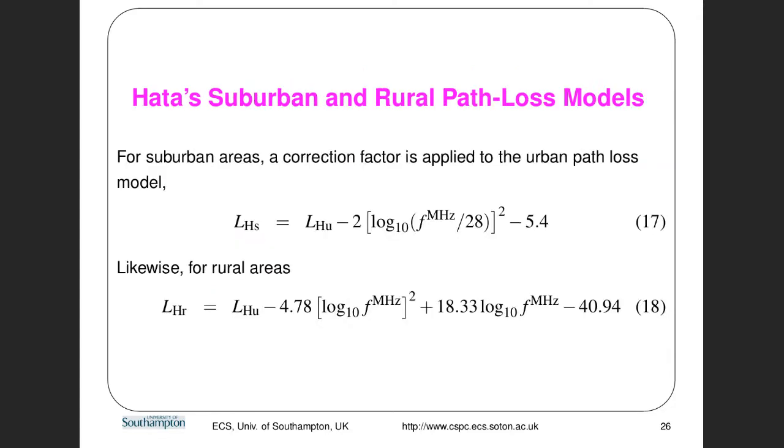And also, Hata's rural model can be revised into a suburban area scenario and the rural area scenario. So you see all these parameters, they don't really make sense to us because they are from measurements.